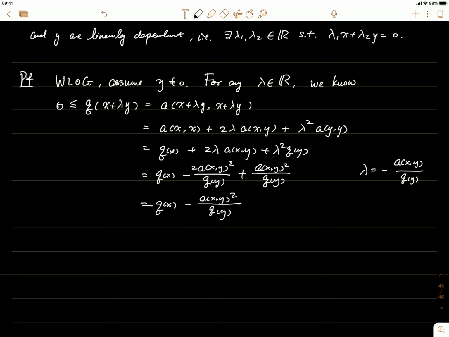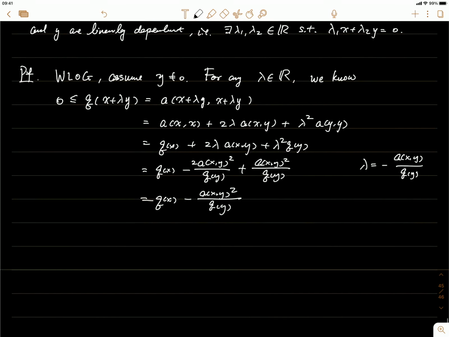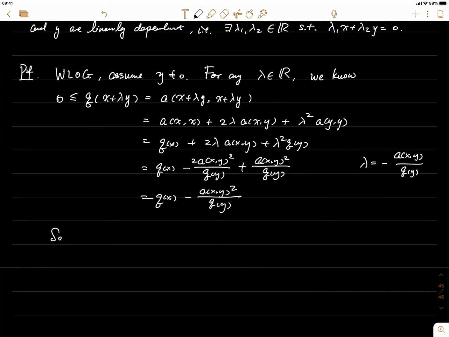So we know that A(x,y) squared is less than or equal to Q(x) squared times Q(y) squared, which is the same as the absolute value of A(x,y) is less than or equal to Q(x) Q(y).